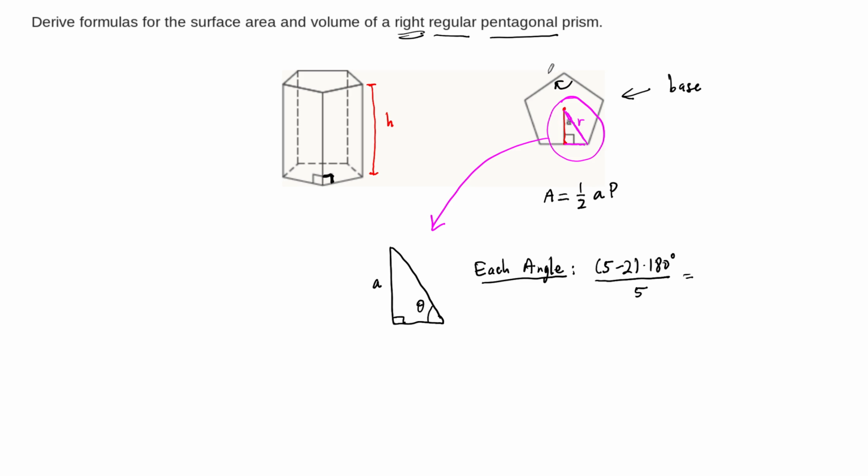And this will be the measure of each angle of the pentagon. So this is 3 times 180 divided by 5, which is 36 times 3. This means that each angle up here measures 108 degrees.